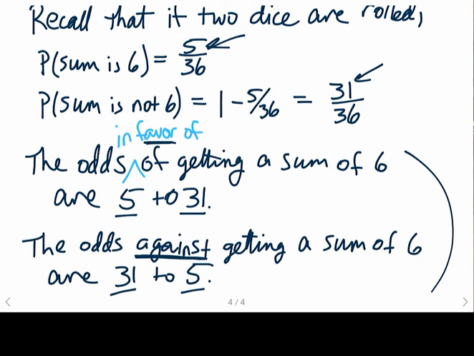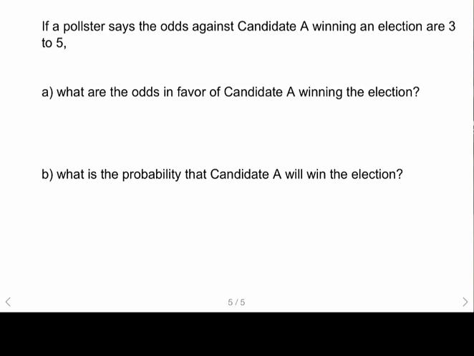And for our last example, we're going to see how we can get probabilities from odds. If a pollster says the odds against candidate A winning an election are 3 to 5, then what are the odds in favor of candidate A winning the election, and what is the probability that candidate A will win the election? I know, really original with the candidate A, huh?